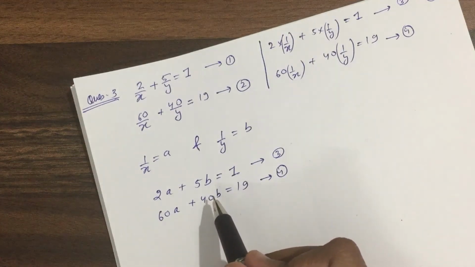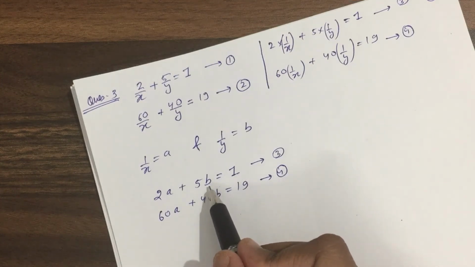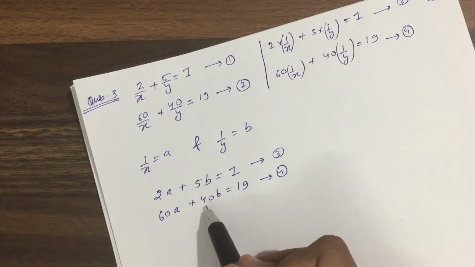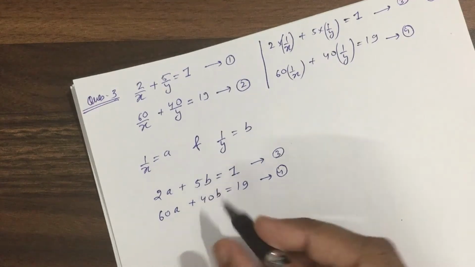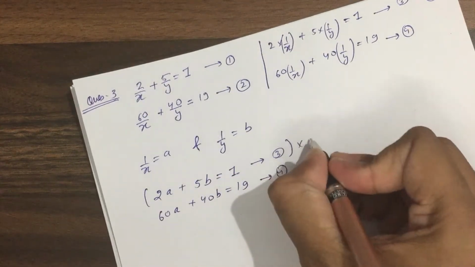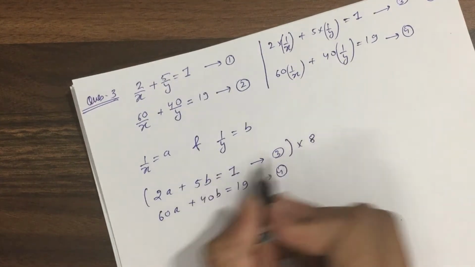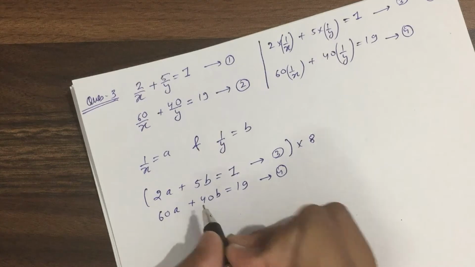Then what we have to do? We have to make the coefficients of b the same. So we will take the LCM of 5 and 40. The LCM of 5 and 40 will be 40. So we have to make the coefficient of b equal to 40. So we will multiply equation number 3 with 8, in order to get 8 fives will be 40, and here already it is 40, so no need to perform any action on this equation.